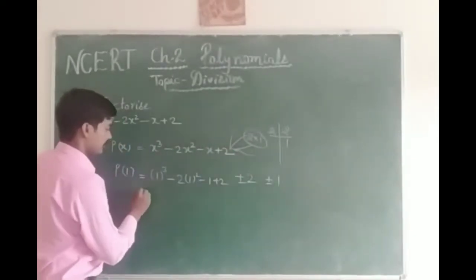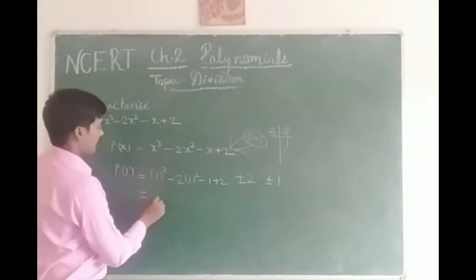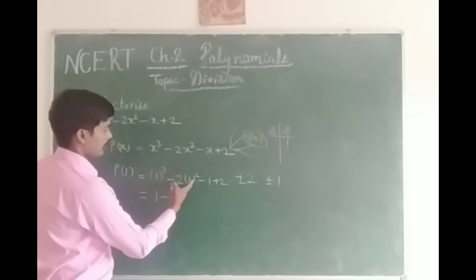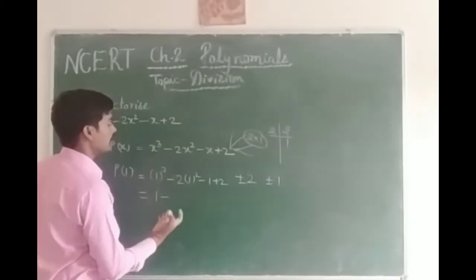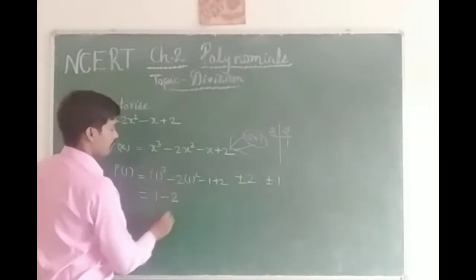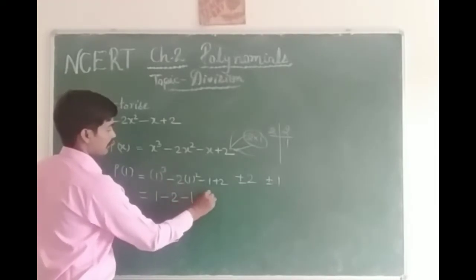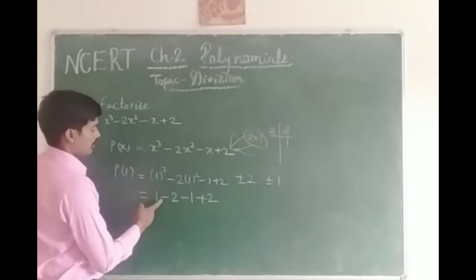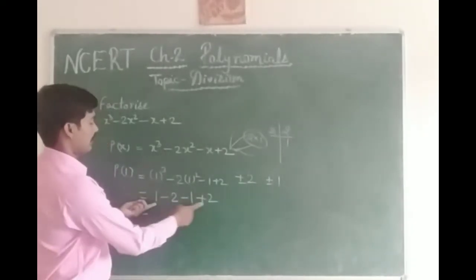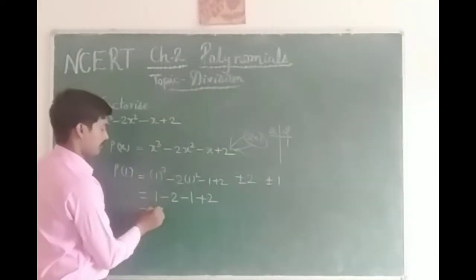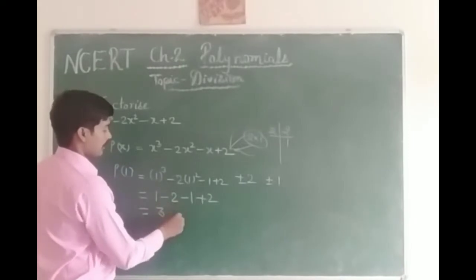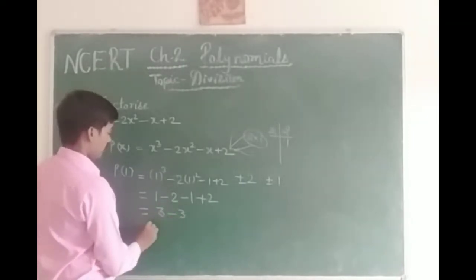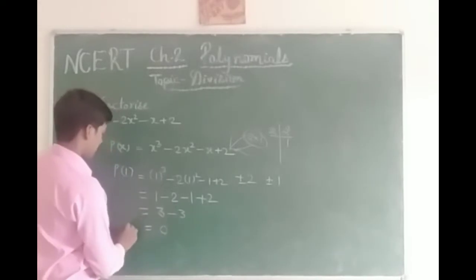So 1 cube is equal to 1, minus 1 square is 1, and when multiplied it becomes minus 2, minus 1 plus 2. So this one is plus 1 and this one is plus 2, so it becomes plus 3, and minus 2 minus 1 becomes minus 3. Now this is 0.